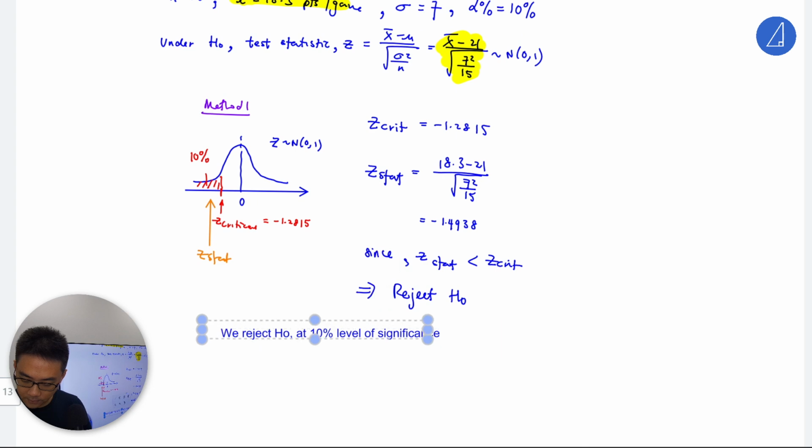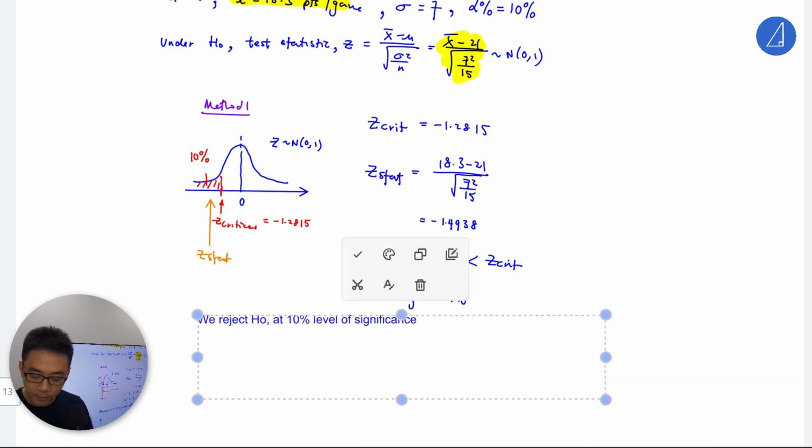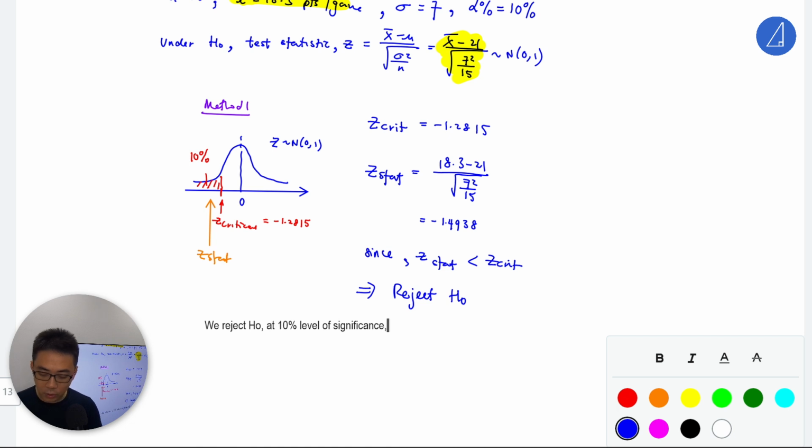The reason why you need to write down the level of significance is pretty simple: different levels of significance mean different tolerance. So when you conclude, write down the level of significance, because that's where you draw the line.